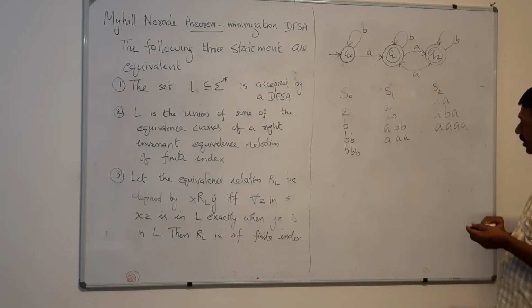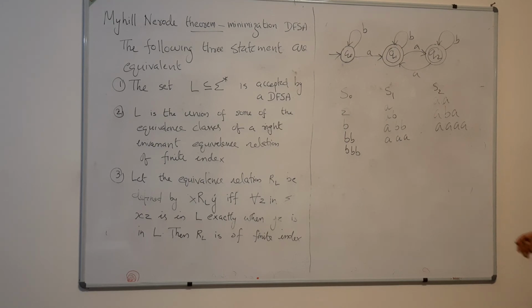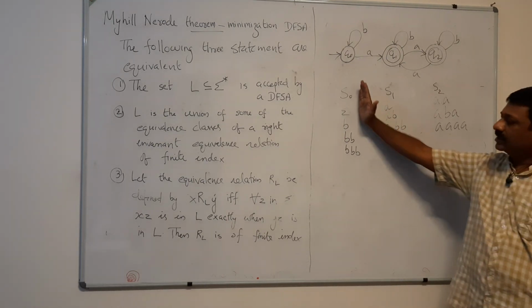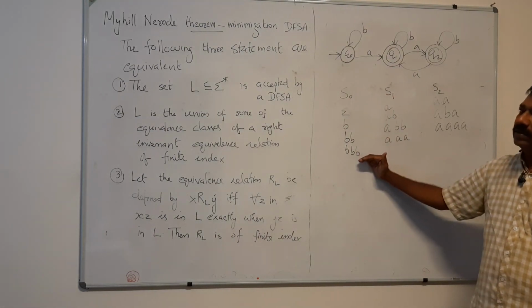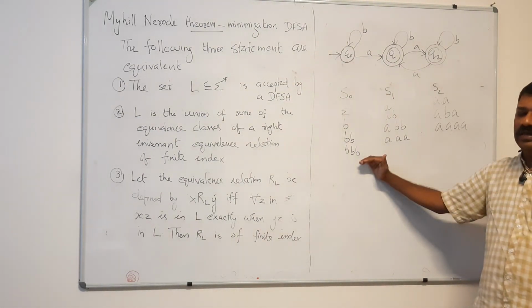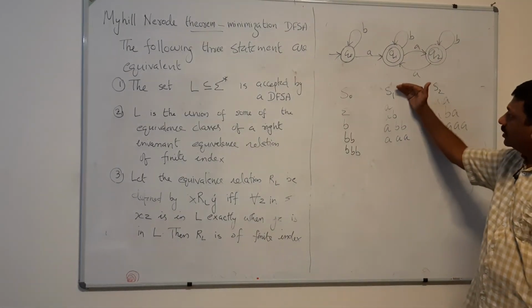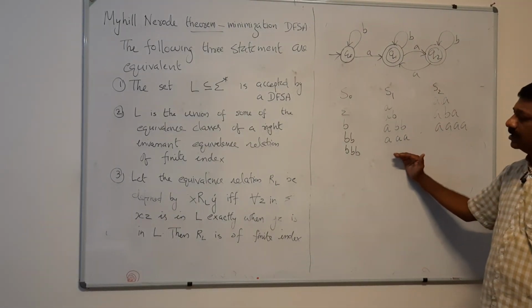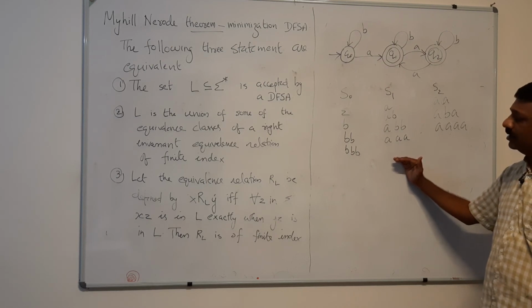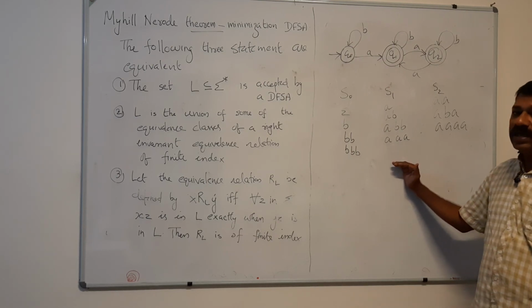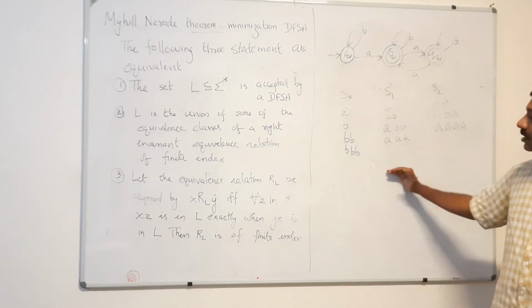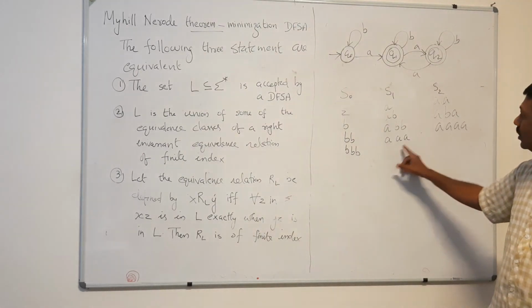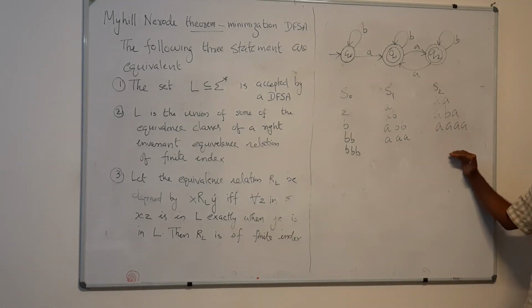One thing you should remember: S0 accepts those strings which don't have any A's in them. S1 accepts all those inputs having A and B where the number of A's is odd. And S2 accepts the set of input strings in which the number of A's is even.